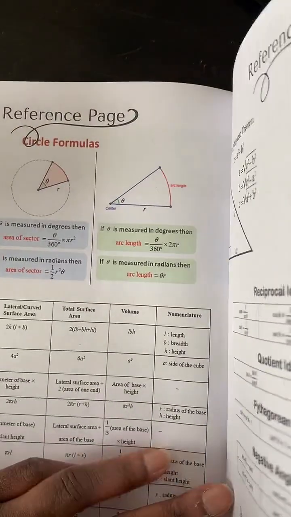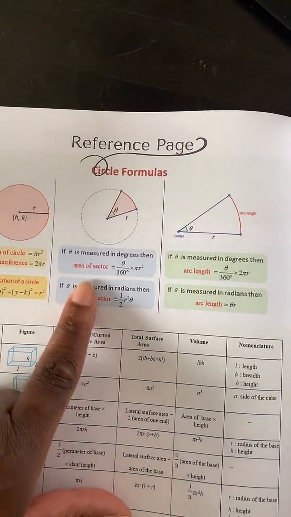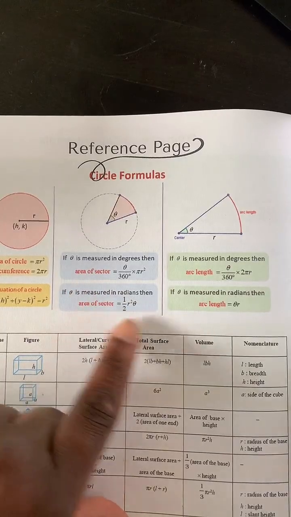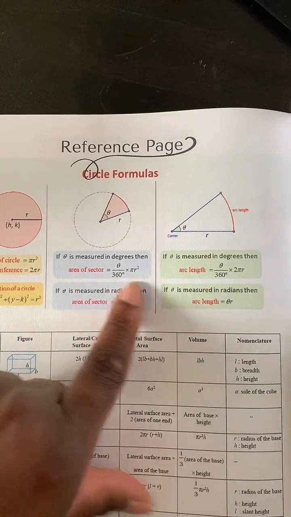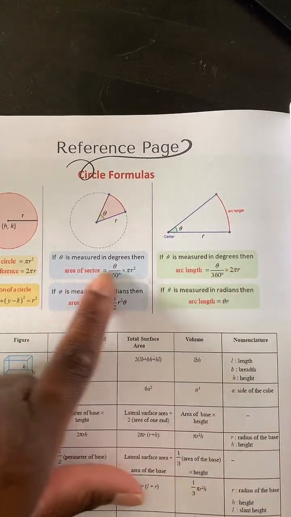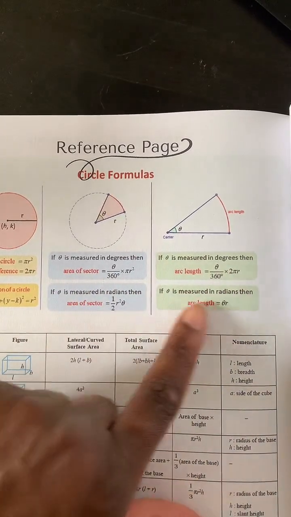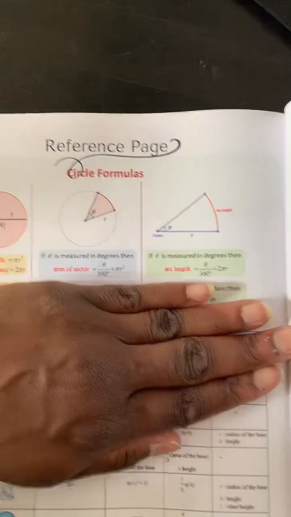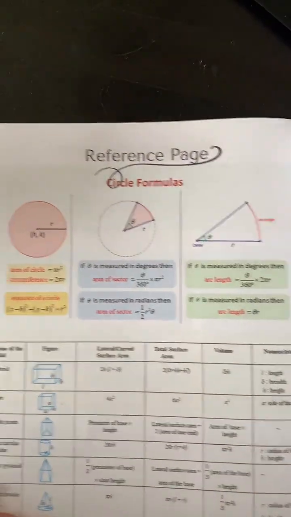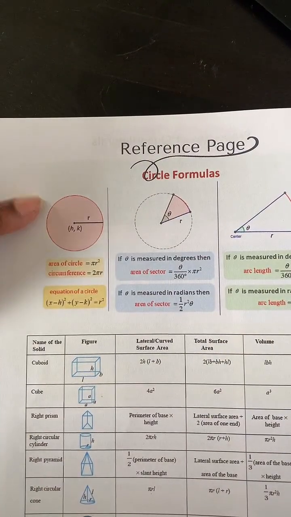Then we have, hey, this is what we worked on today, the area of sector, their arc length, if you ever get stuck with it. We were working with them in degrees, but there's also something called radians. So I didn't want to confuse you, so I just kept it with one at a time, all right? As well as your area of the circle and circumference, all right?